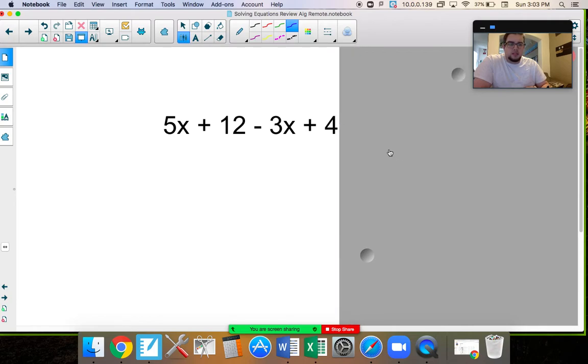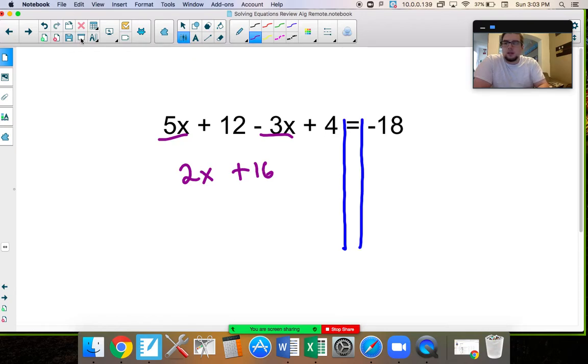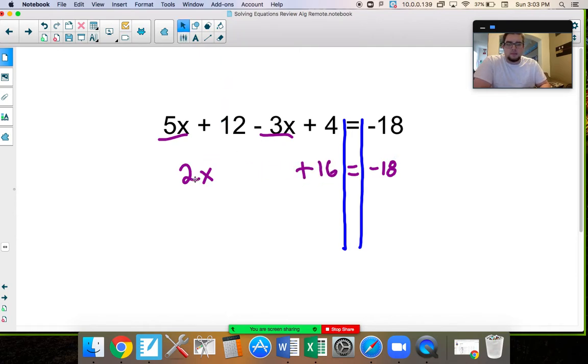I'm going to make this expression over here as simple as possible. So I'm going to put the 5x and the negative 3x together and get 2x. I'm going to put the 12 and the 4 together for a positive 16. Carry down the other side of my equation, and we get 2x plus 16 equals negative 18.